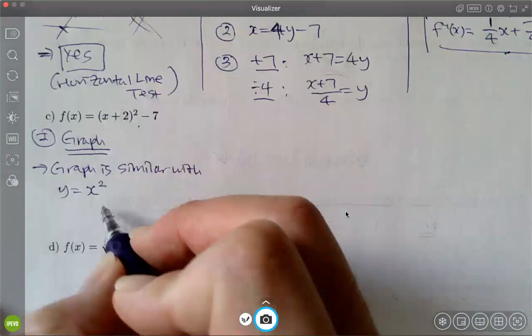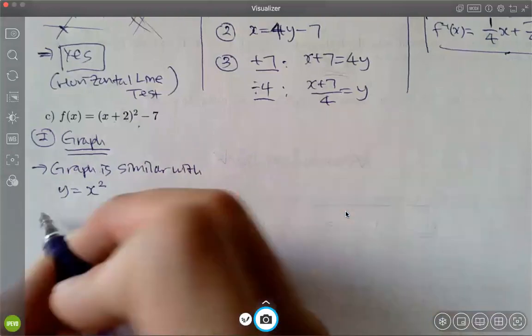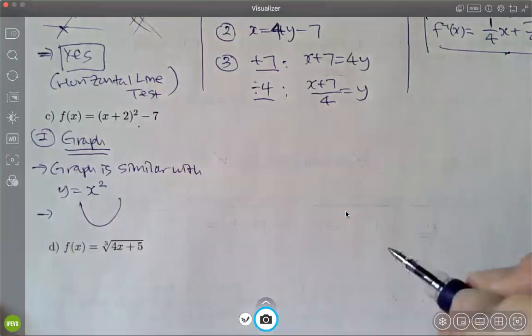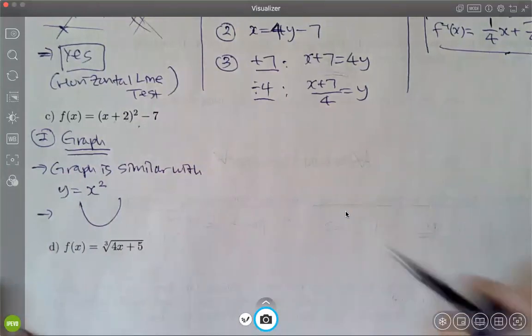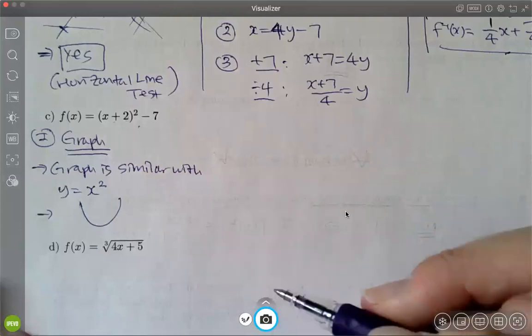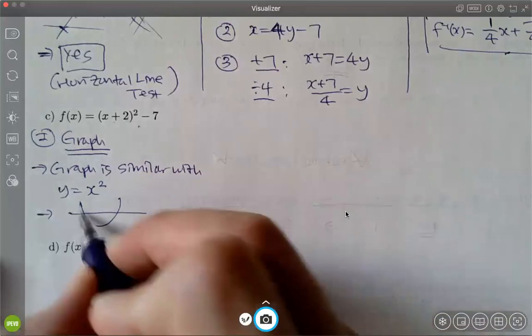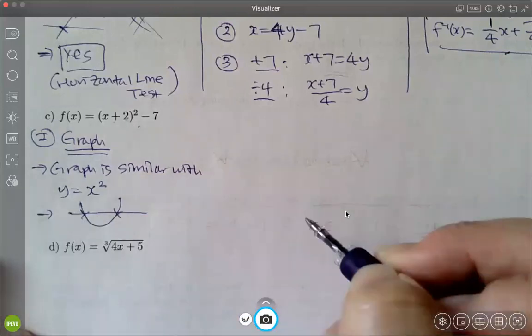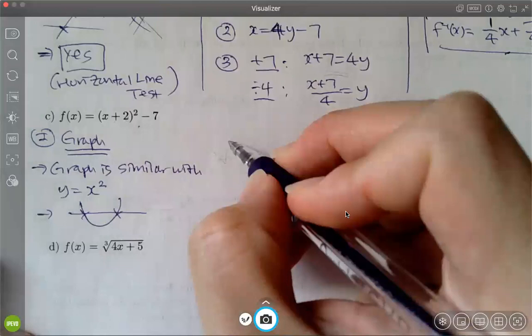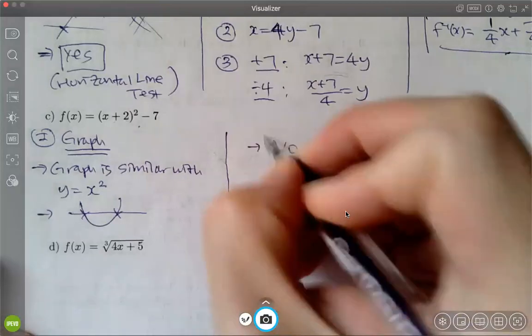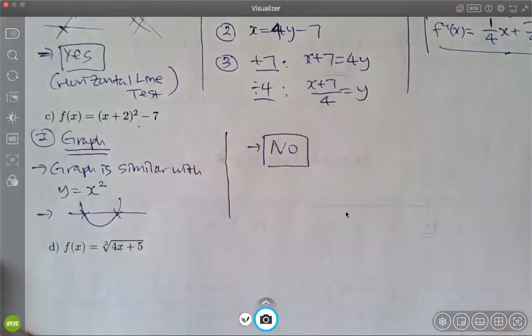Yeah, right? How does the graph look? This, the parabola. Now, does it pass the horizontal line test? No, because if you draw this horizontal line, it passes the graph at exactly 2 points. So it's not one-to-one. Now, do we have to find the equation of f inverse?